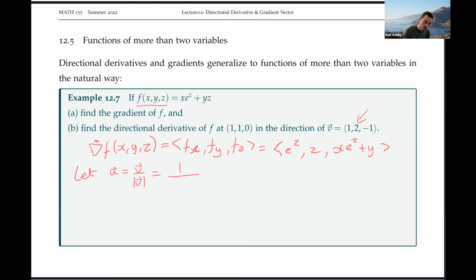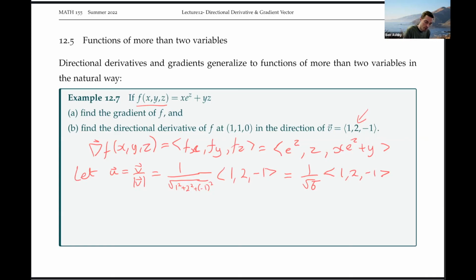That's 1 over the square root of 1 squared plus 2 squared plus (-1) squared, times our vector v, (1, 2, -1). We have 1 over root 6 times our vector v. I'll leave the root 6 out the front so I'm not making things too messy. So we have a unit vector in the direction of v.